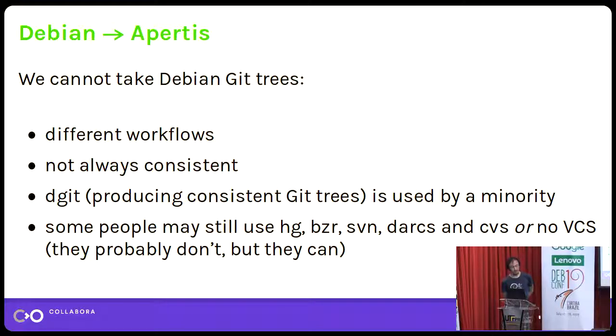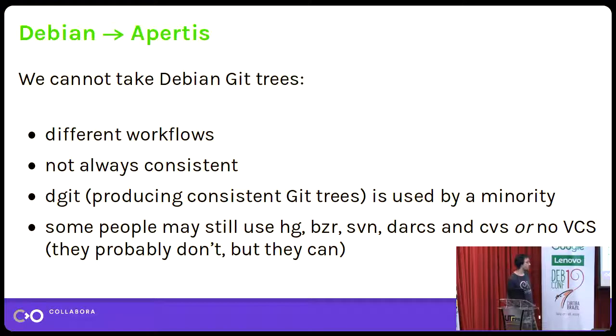So there's dgit, maintained by Ian Jackson, which enforces consistent Git trees, and it's a good thing, even though I don't exactly agree with all of the design decisions, but it's a great thing. It produces consistent trees which have everything which you find in the Debian source package.